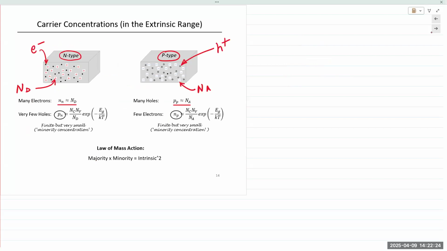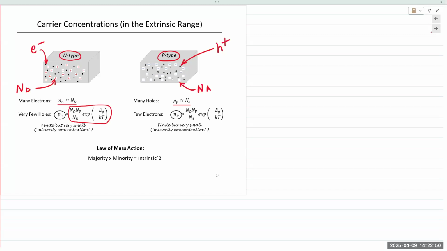Okay, that question leads me into this equation. We just saw in the previous equation, square root of NC and NV. So in an N-type material, holes are far less in number. So P can be approximately given by this equation.